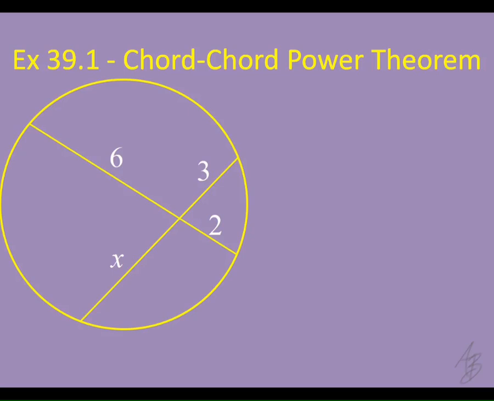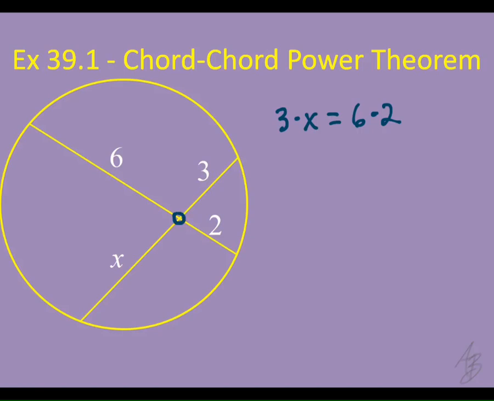How are we going to set up an equation to solve for x here? Jimmy? 3 times x equals 12. I don't see a 12 up there. 6 times. Okay, good. We'll keep the parts in there for now. So 3 times x equals 6 times 2. And the reason that works is because the two chords intersect here.